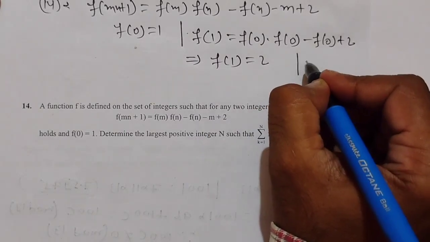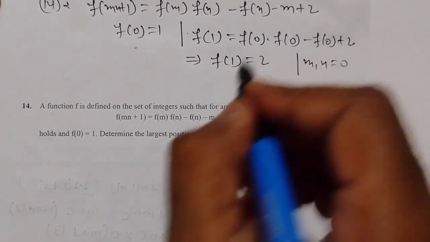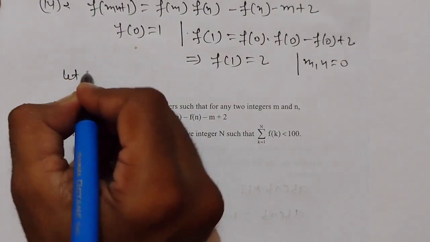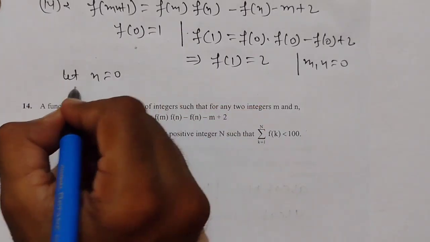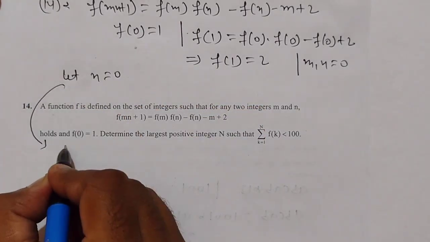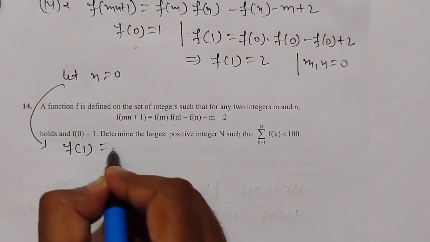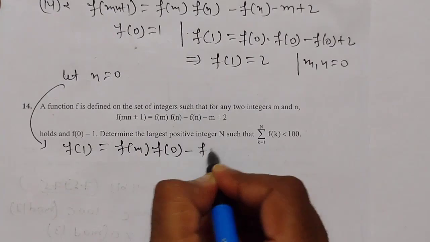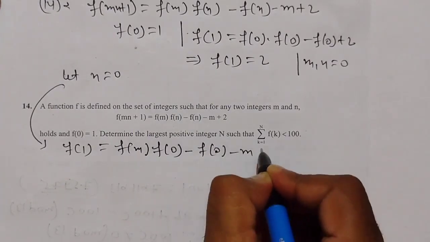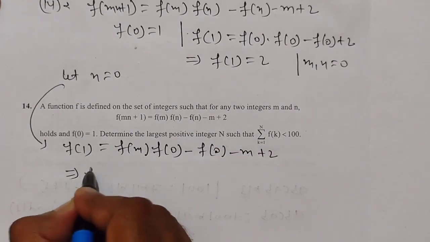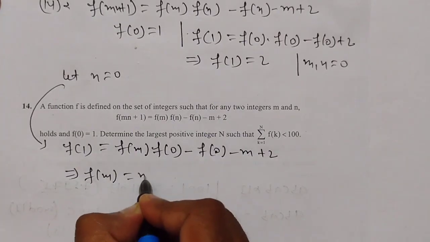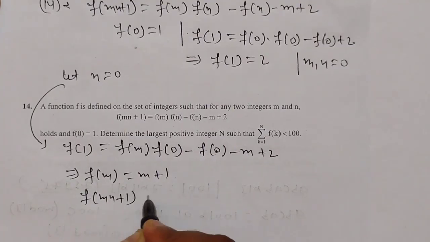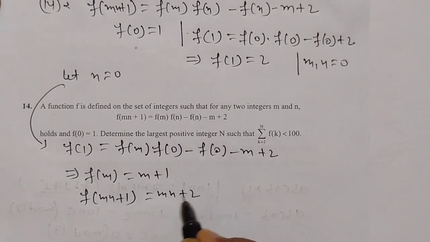Basically here we are using m and n equal to 0, and now let n be equal to 0, then we have f(1) is equal to f(m) into f(0) minus f(0 minus m) plus 2, and this will imply f(m) is equal to m plus 1, and f(mn plus 1) is equal to mn plus 2.